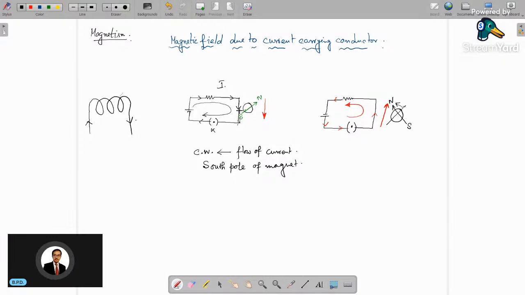So if you take a loop from this direction, then it is south pole, clockwise direction current.